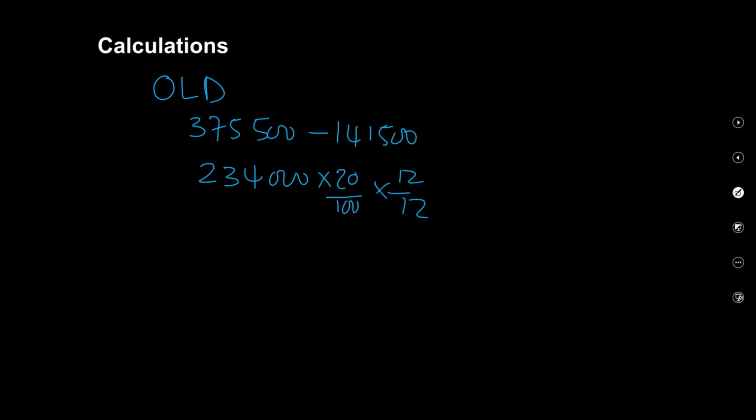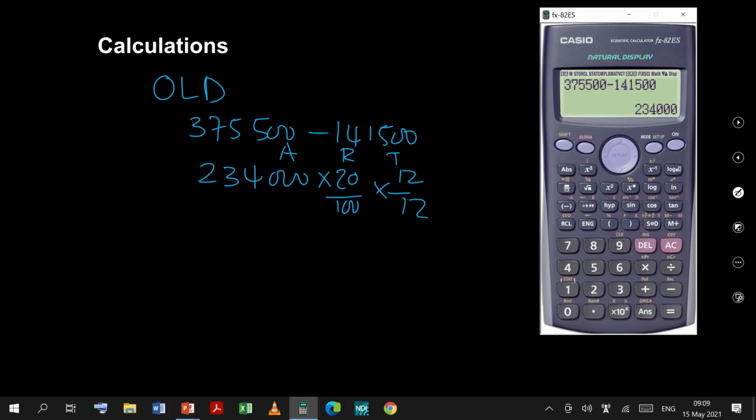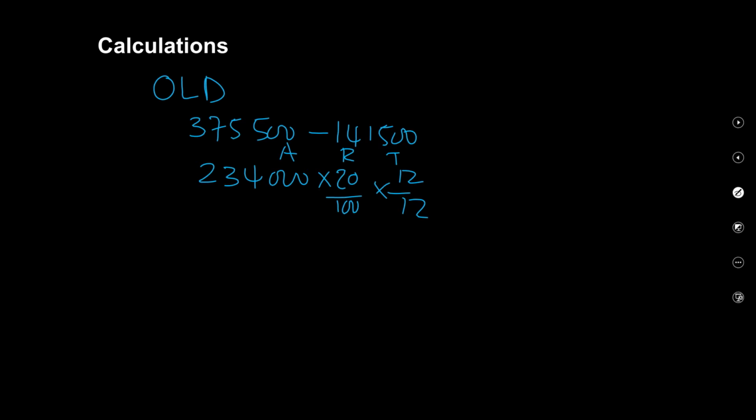Clearly, you can see we're using ART once again: amount, rate, and time. So 234,000 times 20% is equal to 46,800. So 46,800 is the depreciation on my old equipment, right?